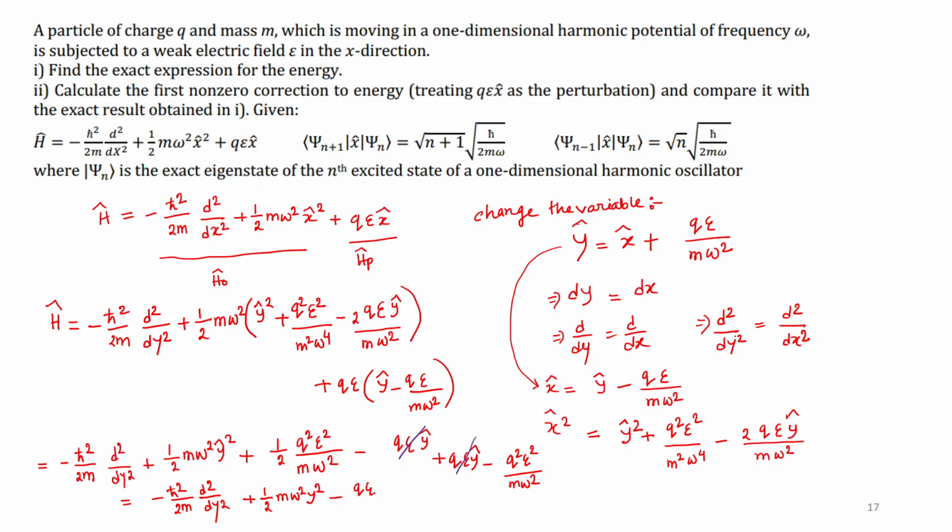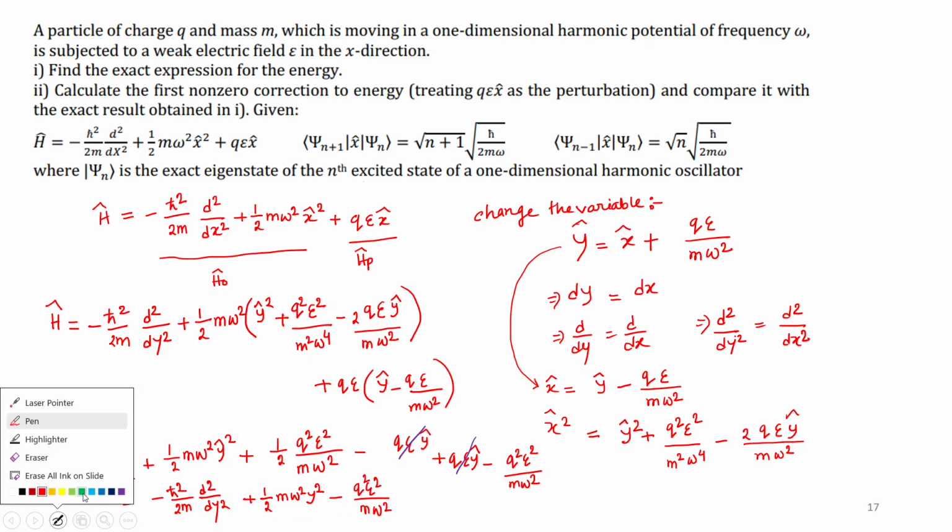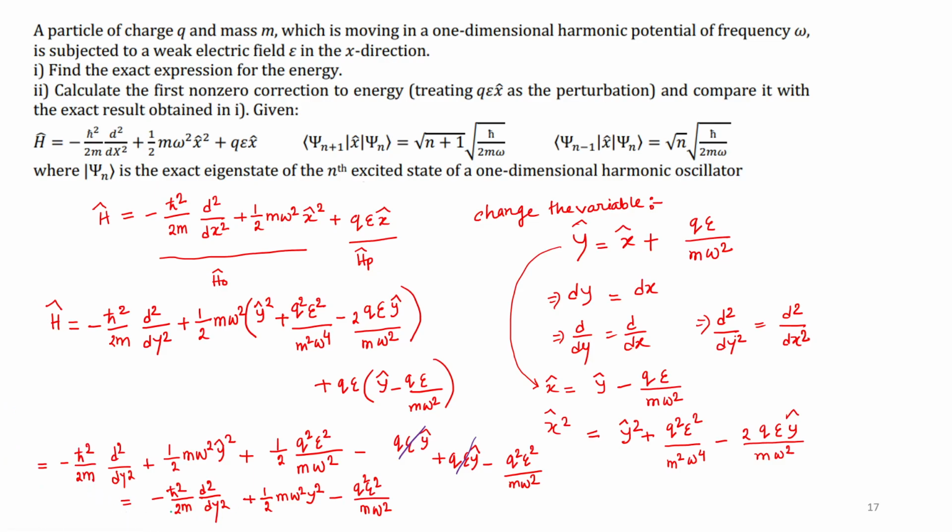Minus q square epsilon square by m omega square. Out of this, now you see, this is the unperturbed Hamiltonian for y, right?